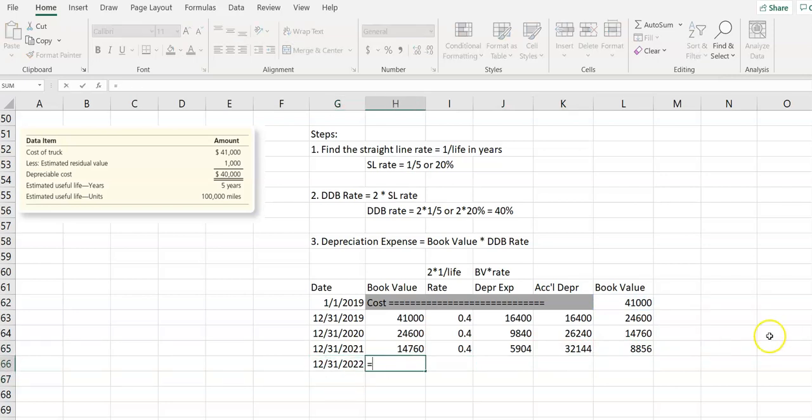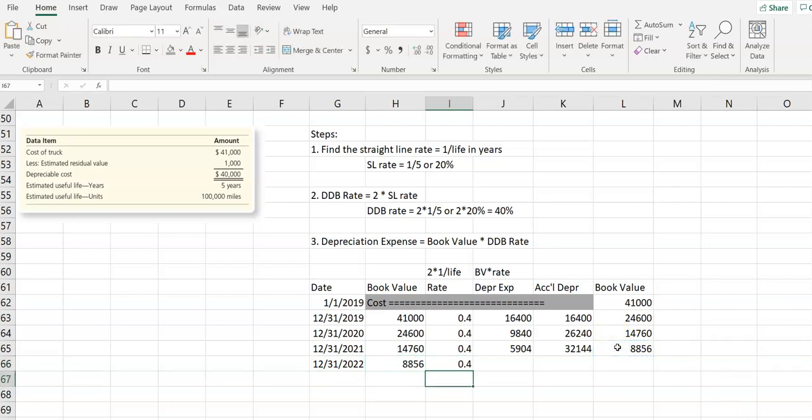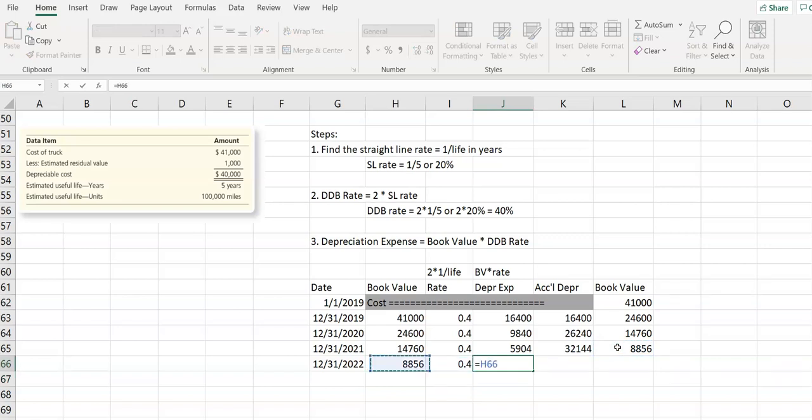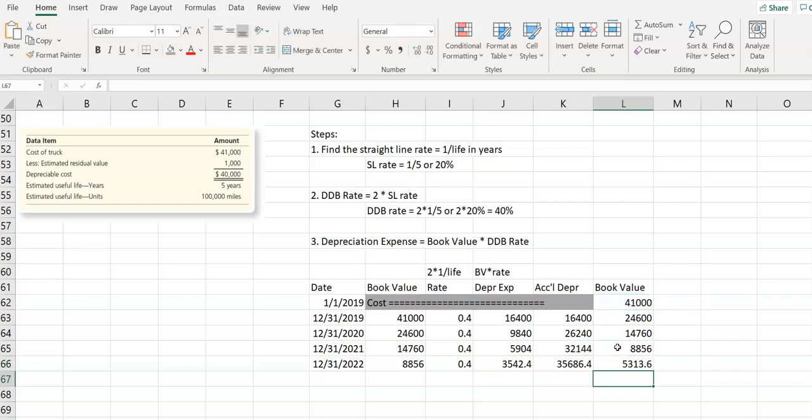Now my book value is 8,856. My rate is still 0.4. Depreciation expense is book value times rate. Accumulated is what I have plus my new. And then cost minus what I have accumulated. So that's 1, 2, 3, 4 years. Now I'm at the end of my 5th year.